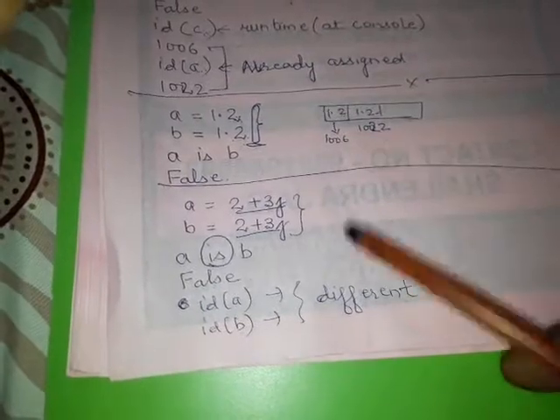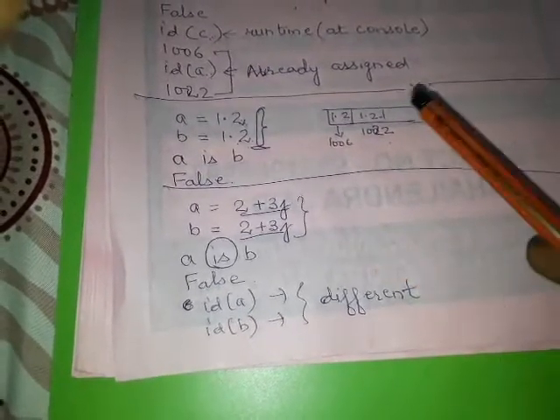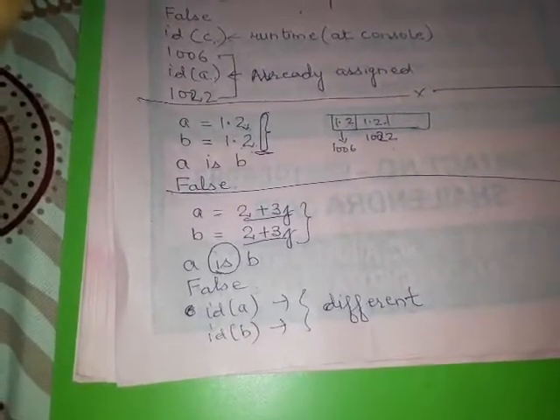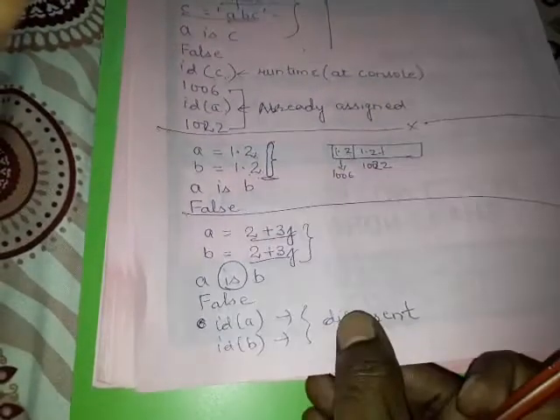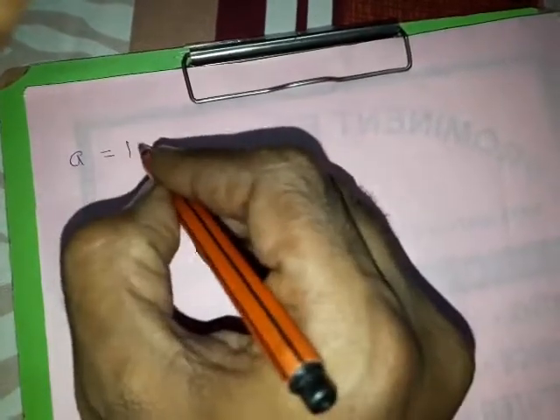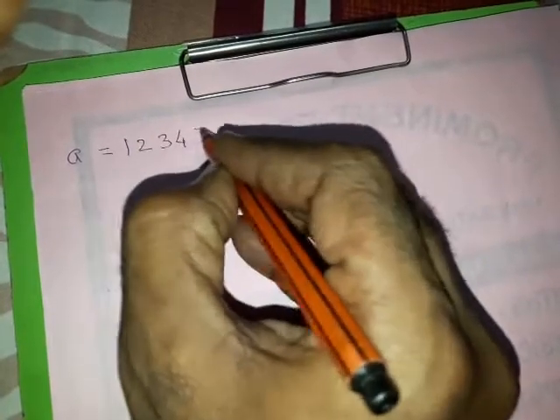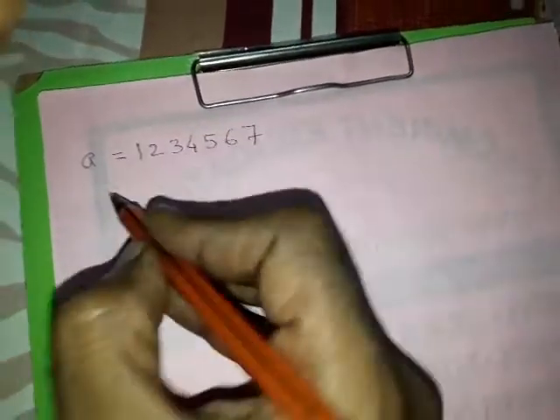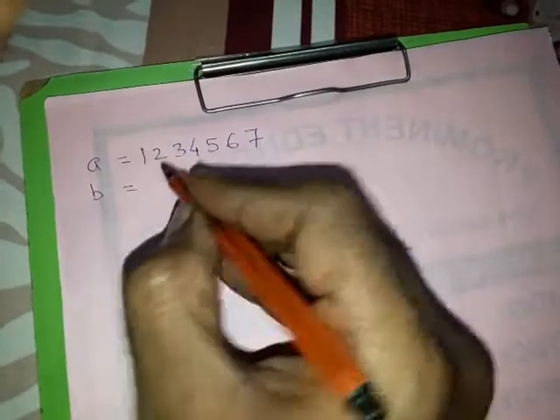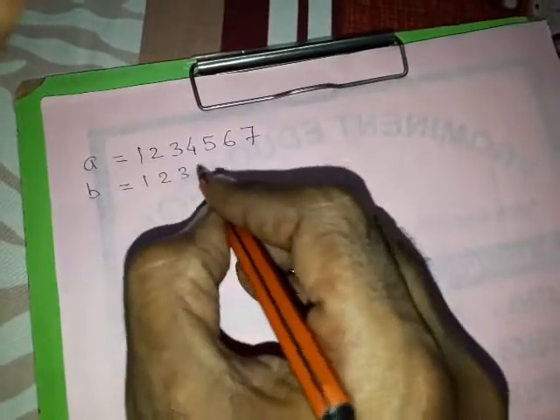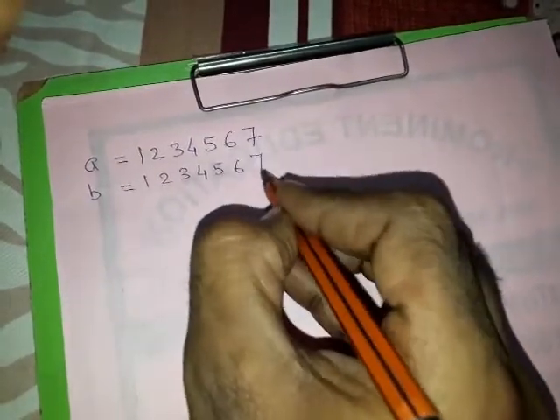But in case of integer it will assign the same addresses. Now there is also a special case in case of integer. When a equals 1234567, and b again equals 1234567.